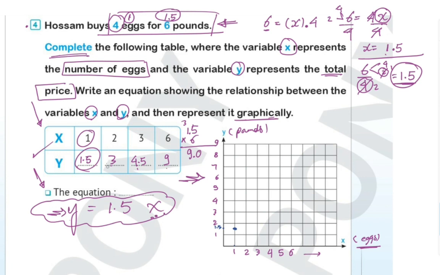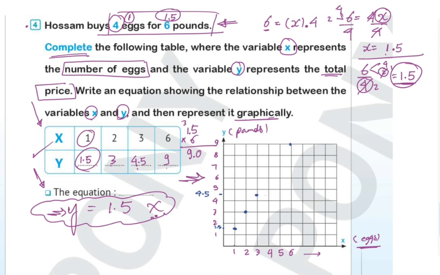Next point, 2 and 3. 2 on the x-axis and 3 on the y-axis. 3 and 4.5. 3 on x and 4.5 between 4 and 5. Last ordered pair, 6 and 9. 6 here and 9 here.